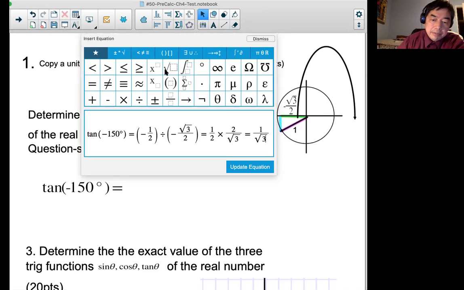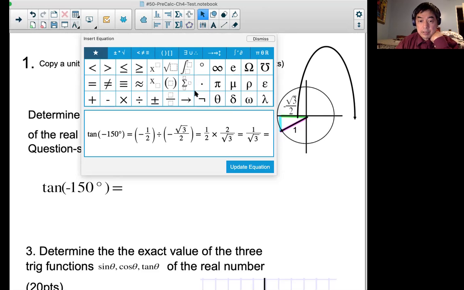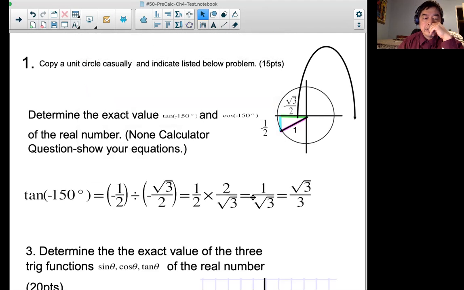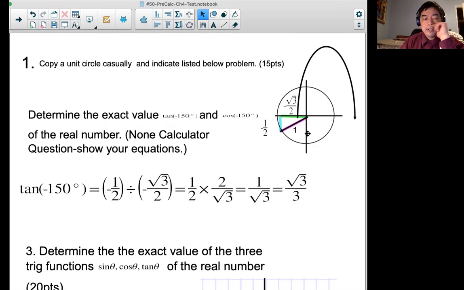But you can't have square root 3 in the denominator, so you multiply square root 3 to the numerator and denominator. The numerator is going to be square root 3, and the denominator is going to be square root 9, which is 3. So it's a kind of long equation. That's tangent negative 150 degrees.